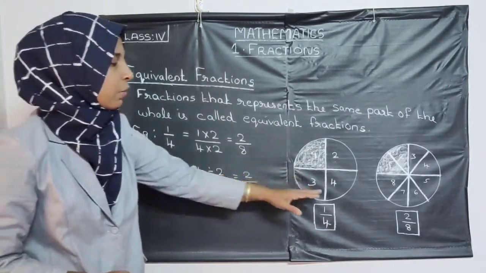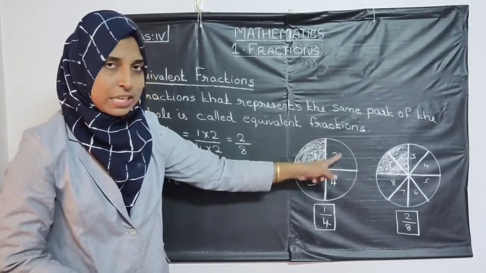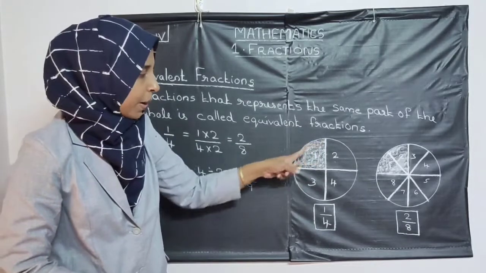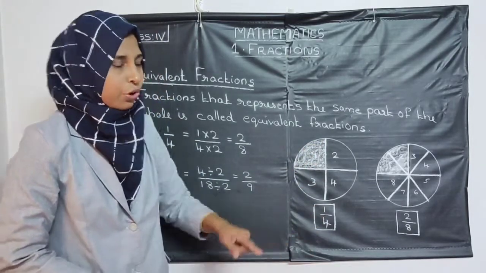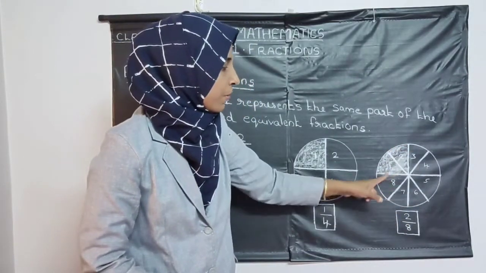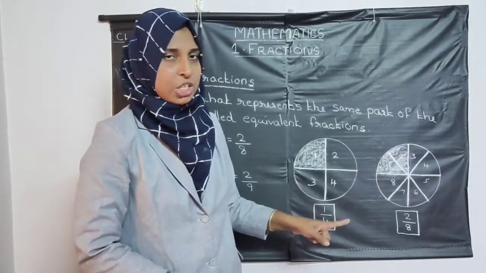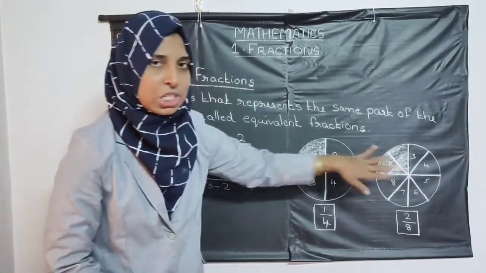Look here, one example is given. The first circle is divided into 4 equal parts and one part is shaded. Here we can represent it as 1 by 4. Then the next, same circle, is divided into 8 equal parts and 2 parts are shaded. But look here children, the same region is shaded.